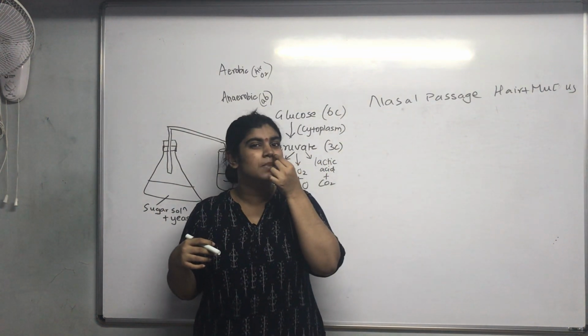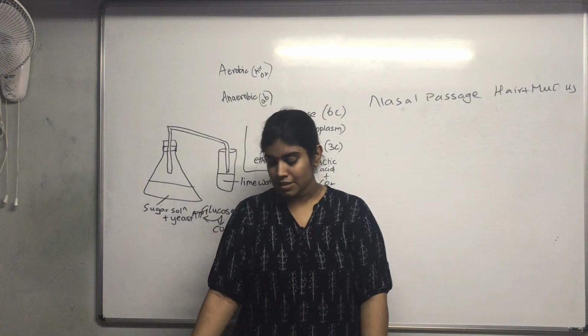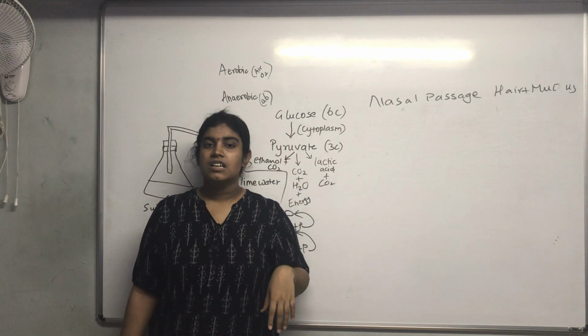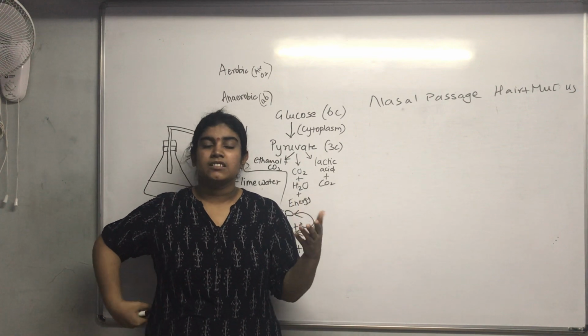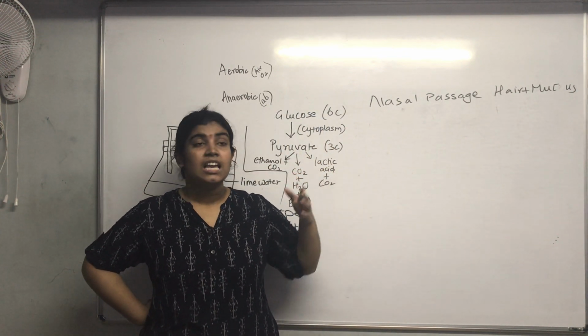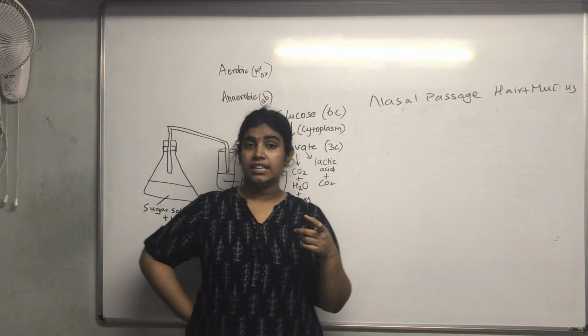The nose may get blocked. It's funny, but this is how the mucus and the hair work. They help in the accumulation of these particles and release fresher air into the nasal cavity, and the nasal cavity is the passage right behind.